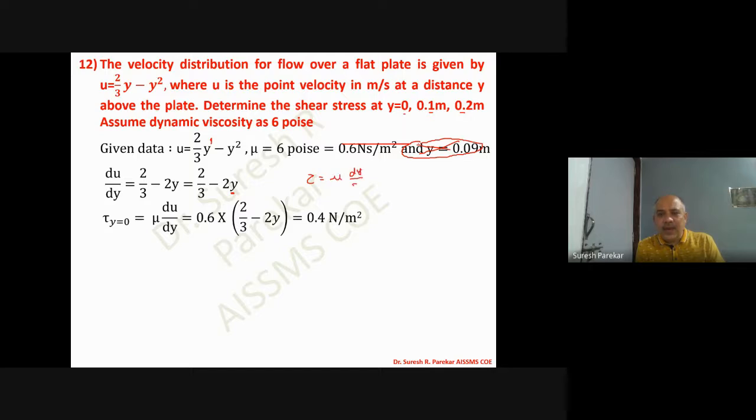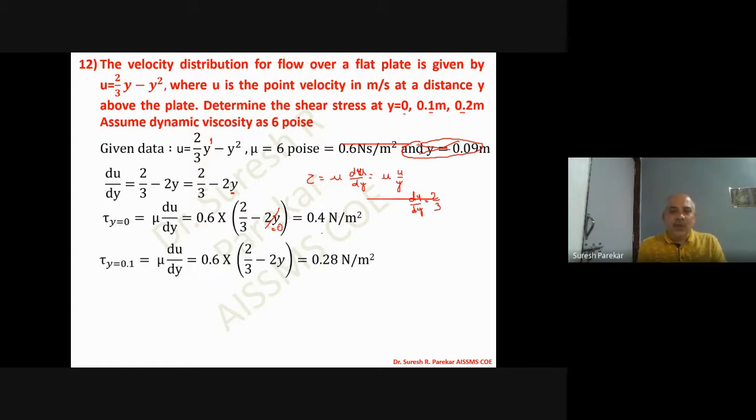If I put y equal to 0, we get the velocity gradient du upon dy as 2 by 3, and this term goes away, and then we get tau as 0.2 into 2 by 3, which is 0.4 Newton per meter square.